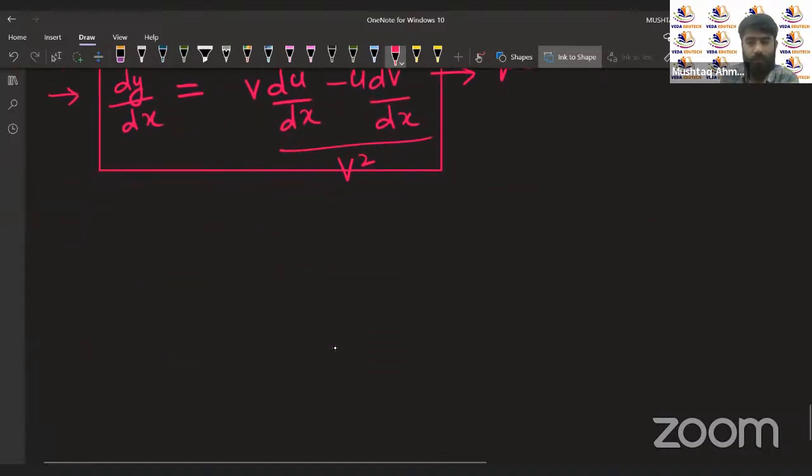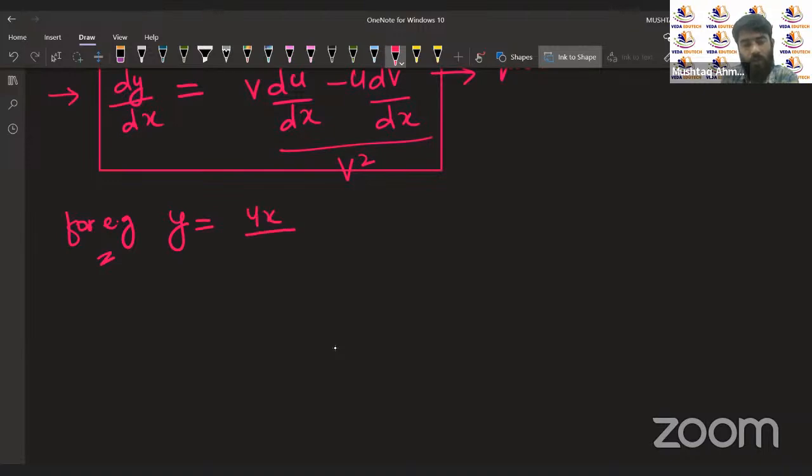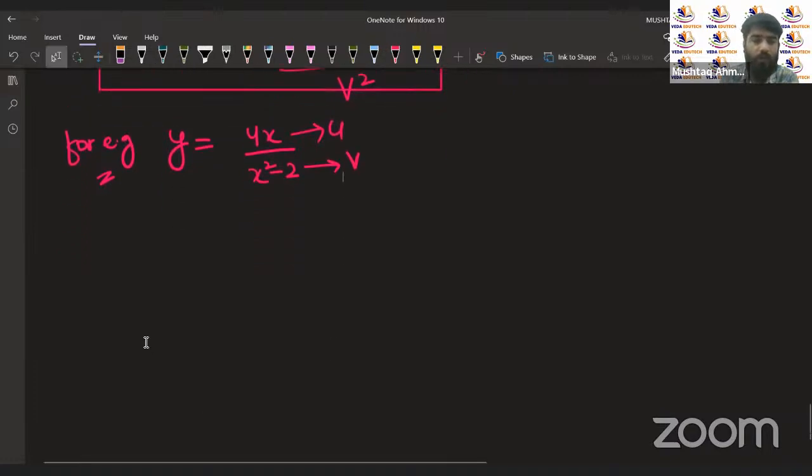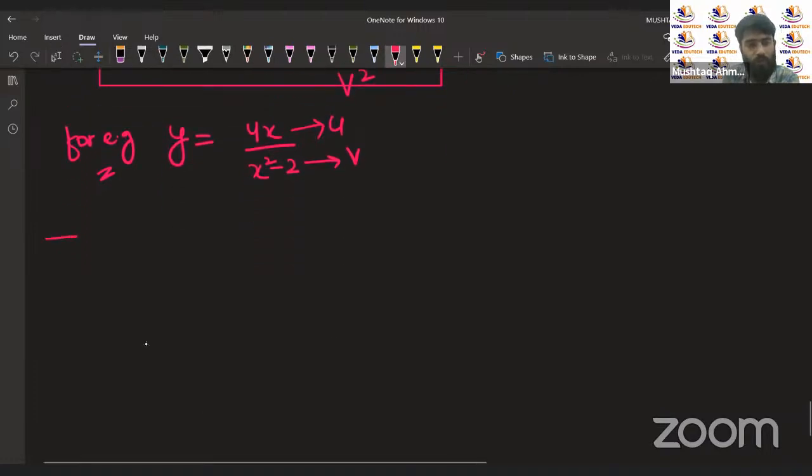For example, we have a function like this, 4x upon x square minus 2. This is one function of the form of u, and this is another function which is of the form of v. So how will we calculate the derivative of this function?